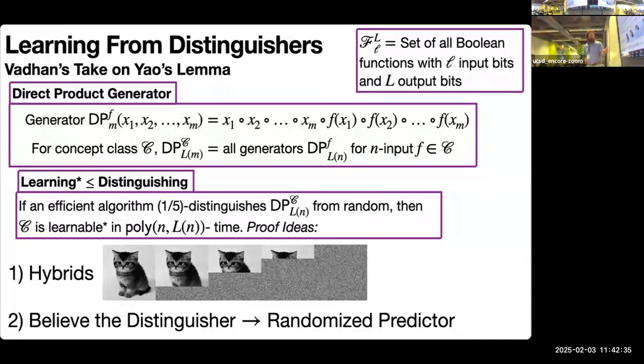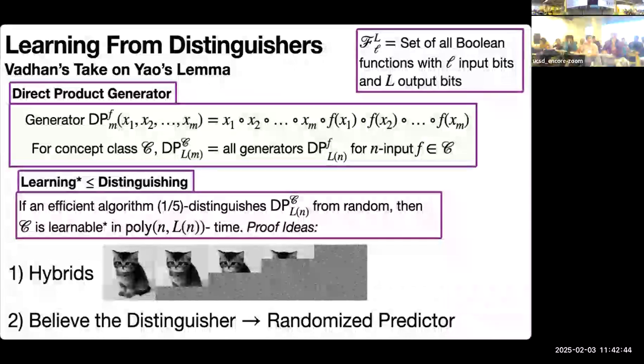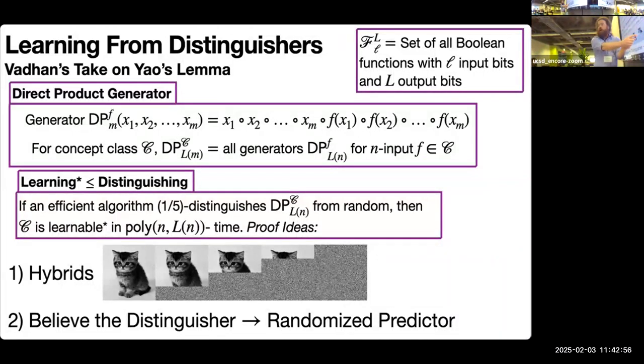That's the first idea. The second idea is we believe the distinguisher. If you recall, the distinguishing equation has a preference towards one distribution or another. That preference will be maintained here at the pair of indices that witnesses the hybrid gap.